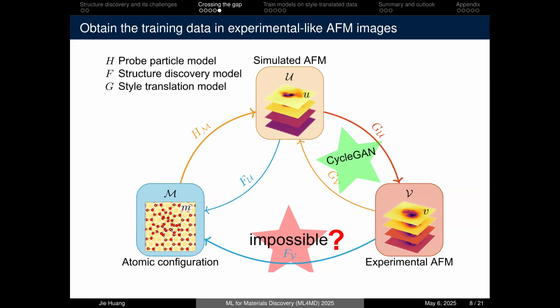The advantage is that not only do we have experimental style images, we also have the atomic configuration, because all of this is coming from the simulation. So it's possible to train a model on these experimental style AFM images. And we have done that.